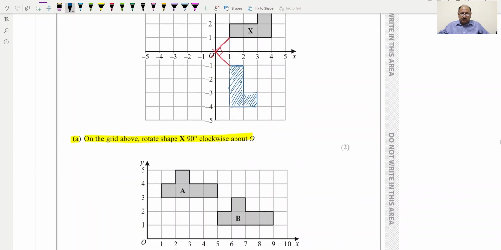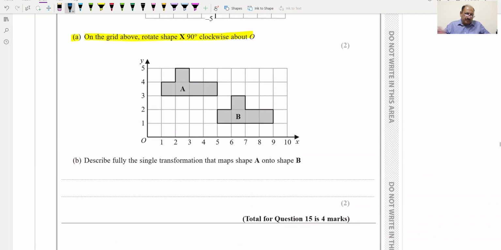This is done. So next is B part, and in B part they're saying describe fully a single transformation that maps shape A onto shape B. So if we check this point, for example, this corner is reaching over here, so the X value will be 1, 2, 3 and 4, 4 units right, so the X value is 4, and 1 and 2 units down, so minus 2.